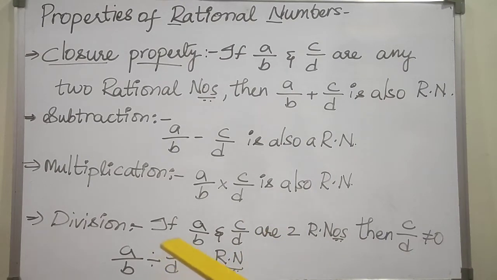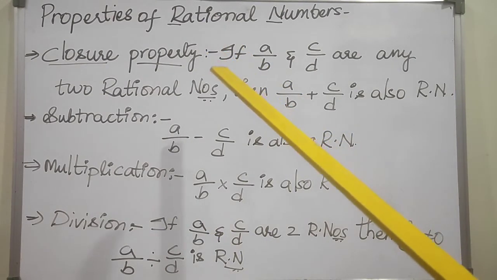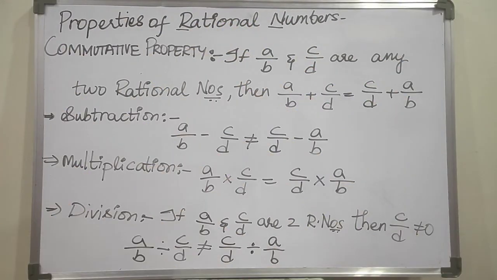Next we shall study the other properties of rational numbers. The next property is the commutative property. Under the commutative property, we know how to add rational numbers. Now we interchange the order of a by b and c by d, and we get the commutative property of addition.